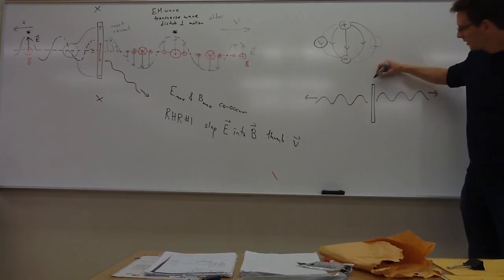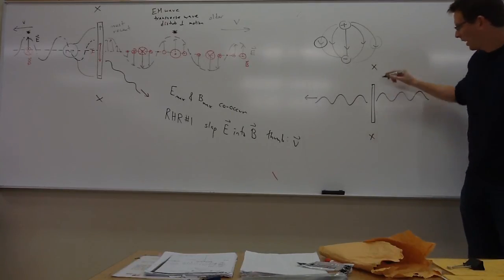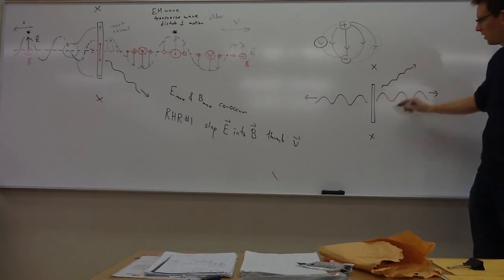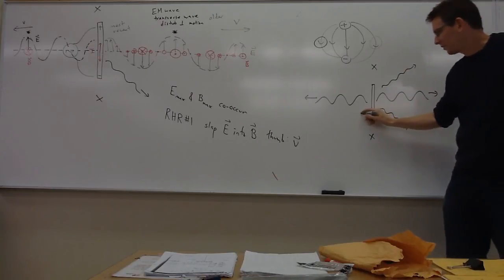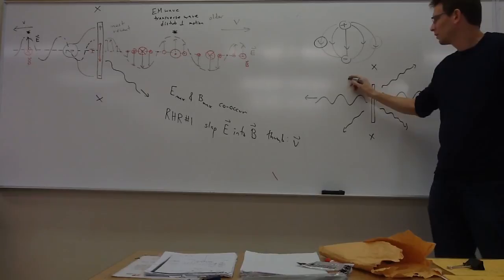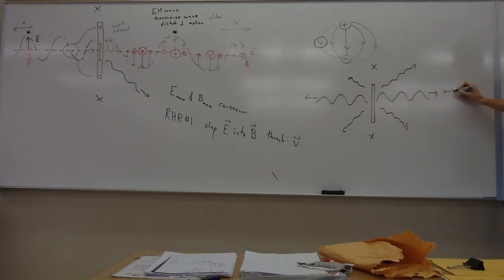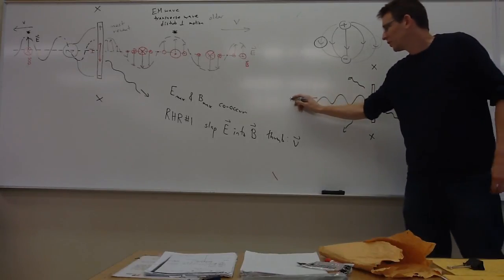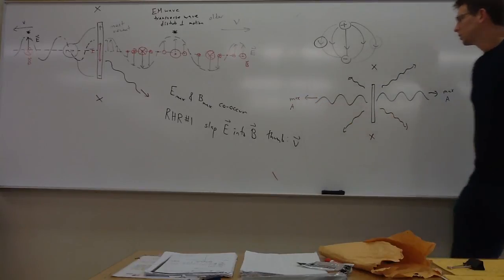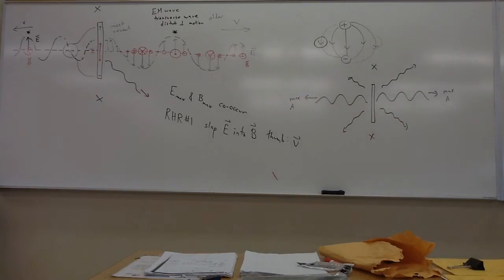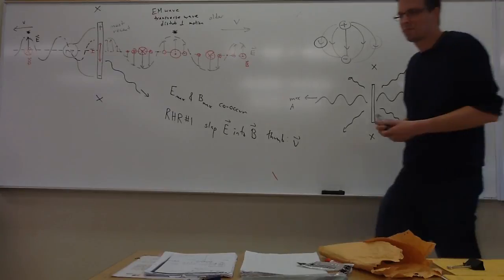We would get nothing sent out here and here, and then we get smaller waves sent out off axis. Okay? So this is the max amplitude over here, the max amplitude over here, and then going from there.